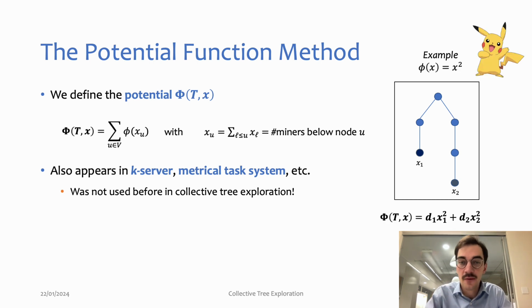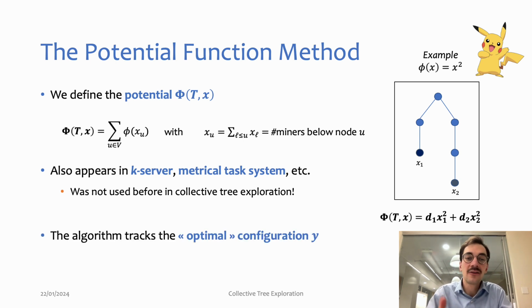As a very simple example, consider the quadratic function phi of x equals x squared. For this function, if you take d1 to be equal to 2 and d2 to be equal to 3, because there are 2 nodes on the left branch and 3 nodes on the right branch, you get the following potential: d1 x1 squared plus d2 x2 squared.